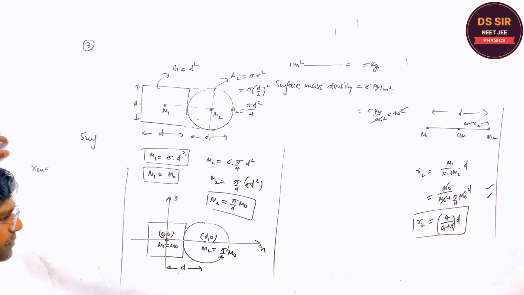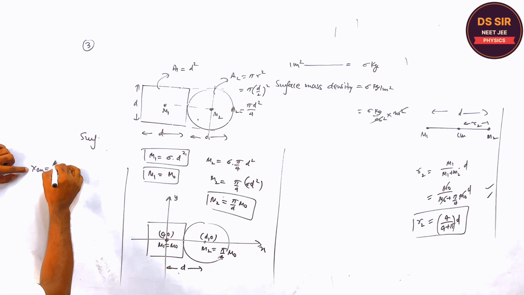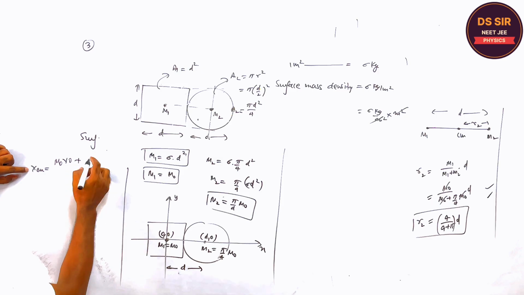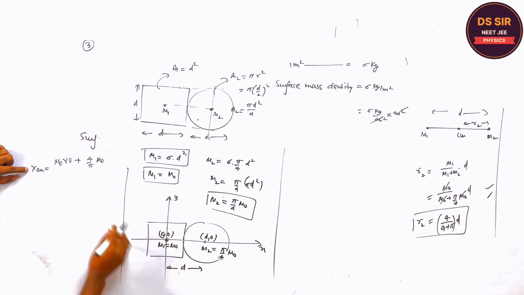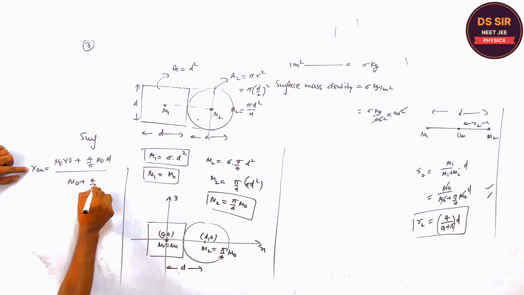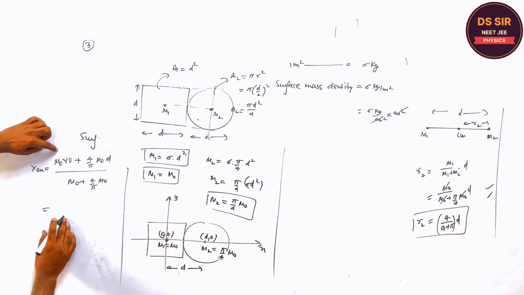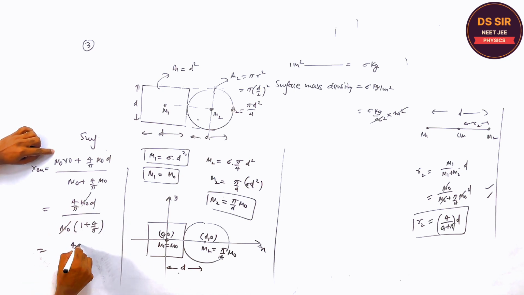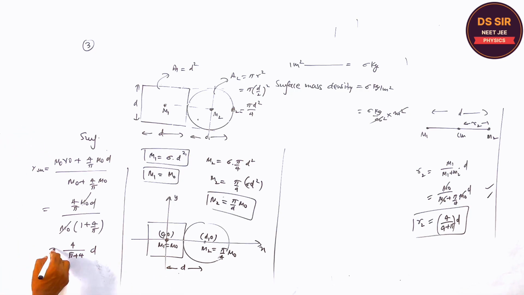You write it in the same way: m0 into 0 plus pi by 4 m0 into distance d, divided by m0 plus pi by 4 m0. When you simplify, you get pi by 4 m0 d upon m0 times 1 plus pi by 4. The m0 will cancel out, and the 4s cancel, giving pi by 4 into d. So this is the x coordinate.